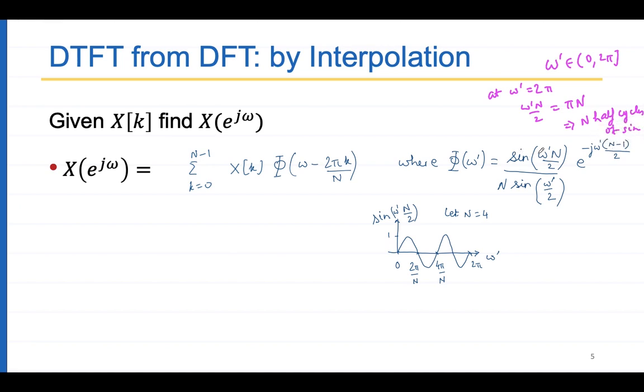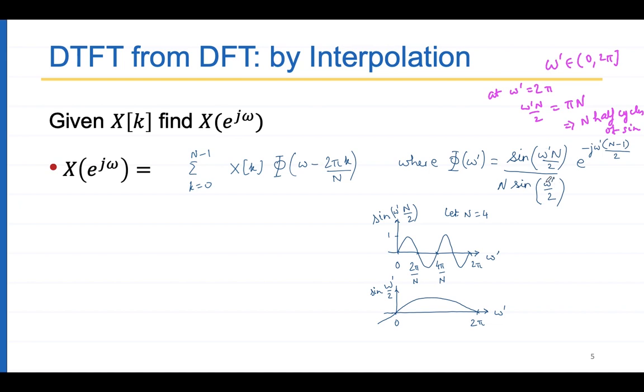So my sine of this term will take capital N half cycles. What does that mean? So 1, 2, 3, 4. So 4 half cycles. Similarly here, the denominator will have just 1 half cycle, because when omega is 2 pi, I get sine of pi, which means just a half cycle. Let's draw that again. The denominator term, sine omega dash upon 2, looks just like 1 half cycle. Right?